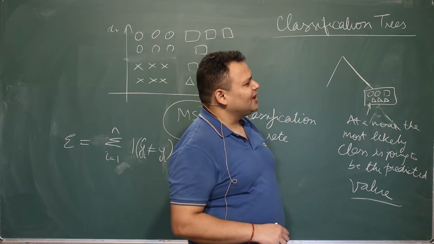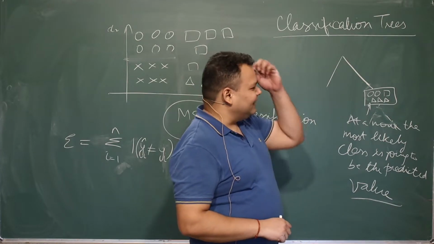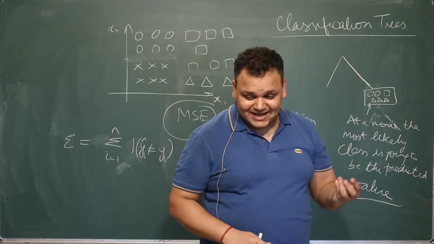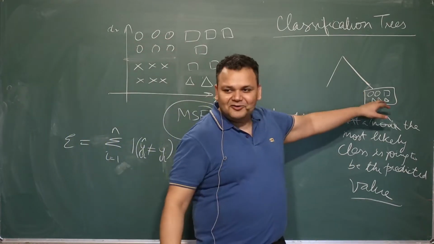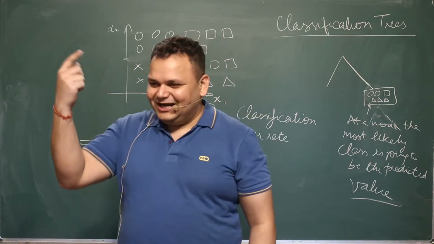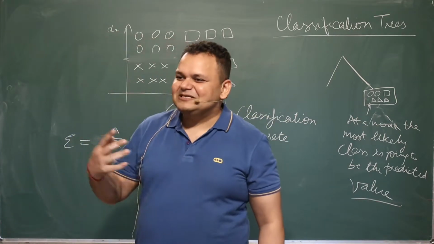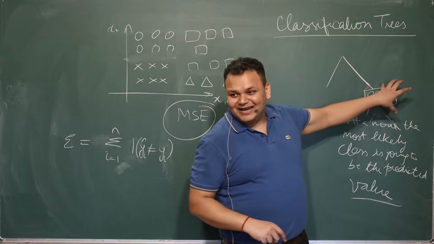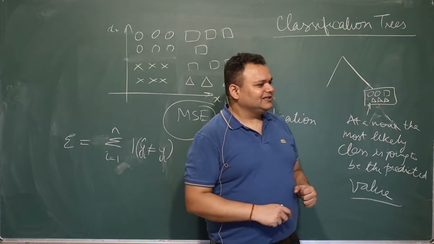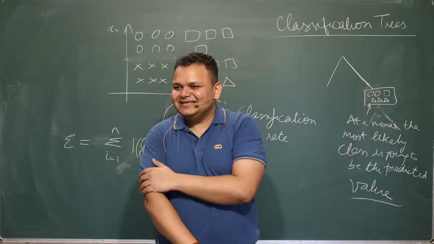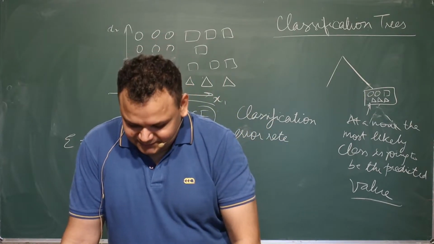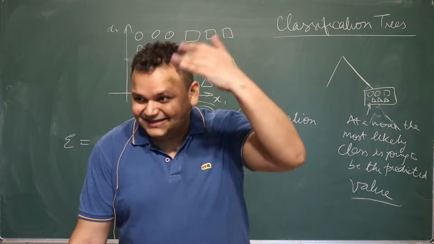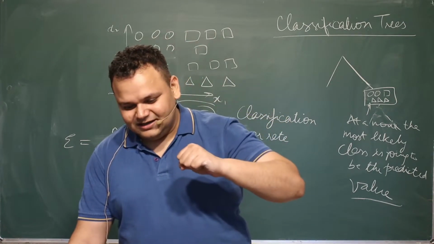So let me ask you a question then. In the previous case also, we were saying that all our terminal nodes are going to contain maybe one observation. What happens in that case? If you make too many terminal nodes, what happens? There are too many partitions. That is all right. So it reduces your interpretability.